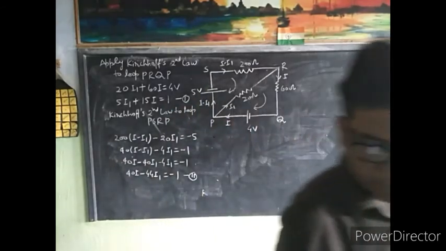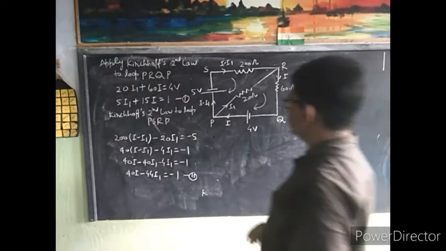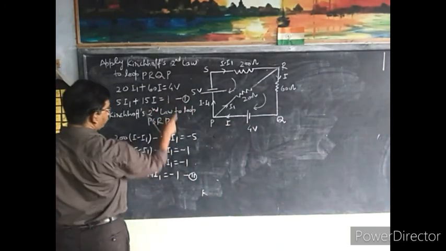My first equation is 5 I1 plus 15 I is equal to 1 volt. Second equation is 40 I minus 44 I1 is equal to minus 1 volt. Now we will solve these equations.